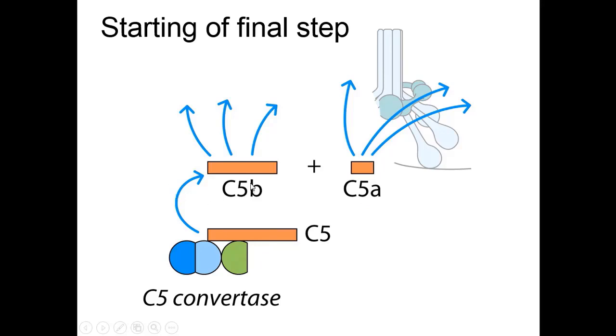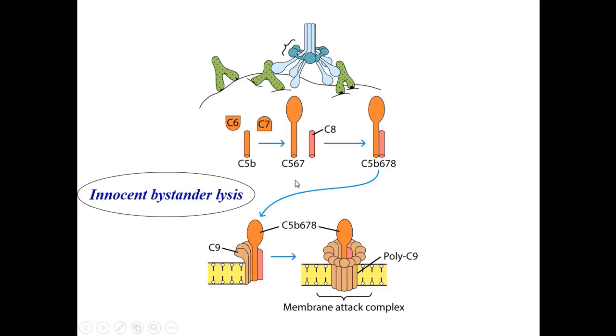Again, C5b binds on the surface of target cells, and C5a is released and diffuses away. Okay, after forming of C5b on the surface of the antigen here, other complement components until C9 bind to each other or interact to each other sequentially.